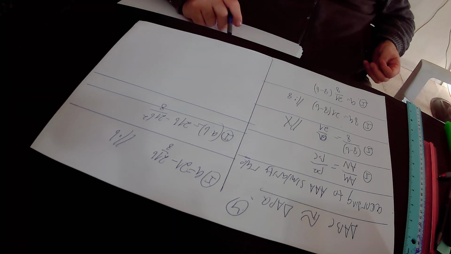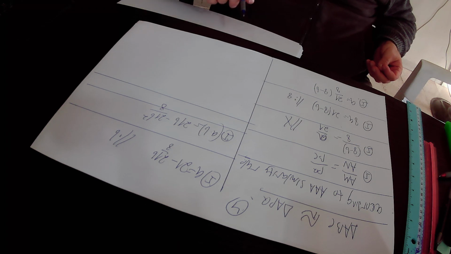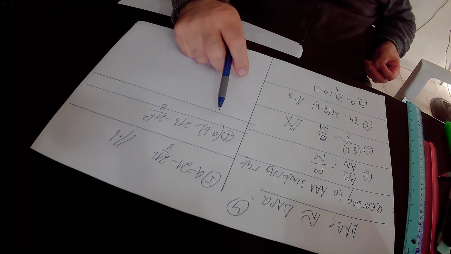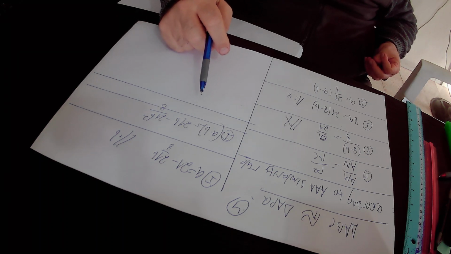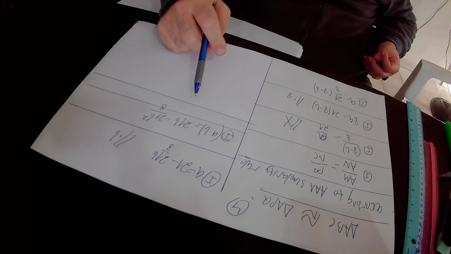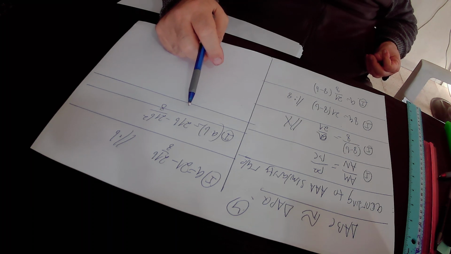So in order to find the maximum value of the area, that is A times B, we have to differentiate this function, the area of rectangle PQST, and equate its derivative to 0.